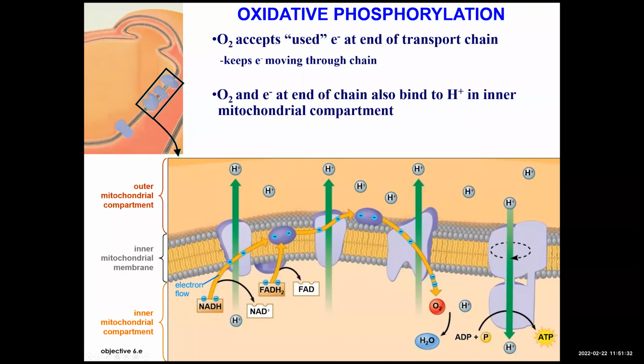So oxygen and electrons at the end of the chain will also bind to hydrogen ions, making water. This is the reason you need to breathe. The primary use of oxygen in your body is for this electron transport chain.